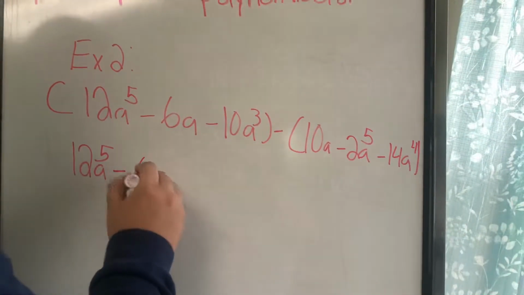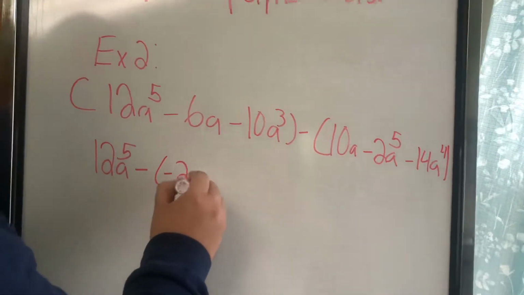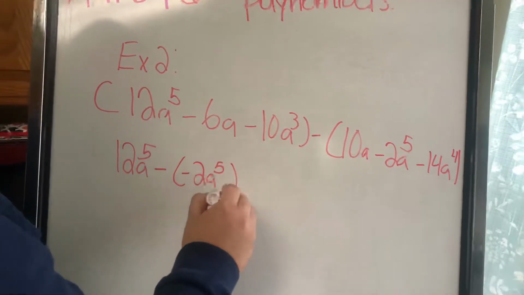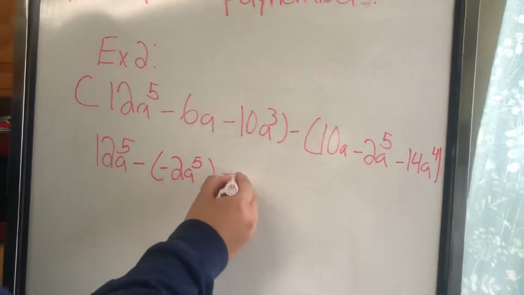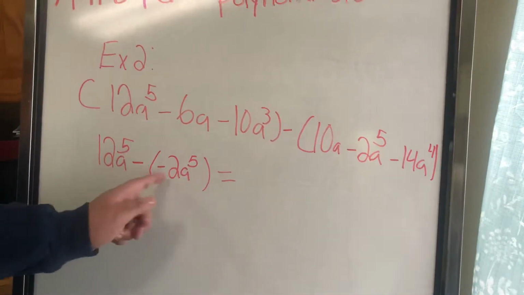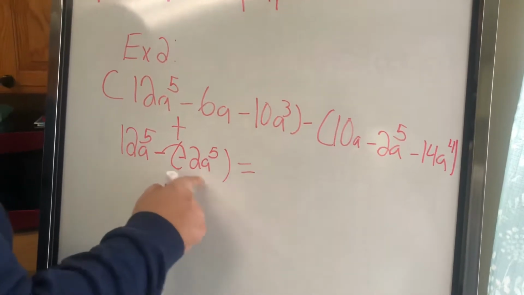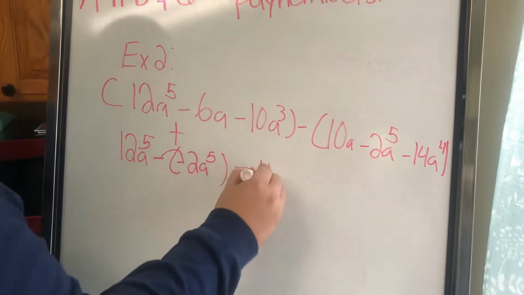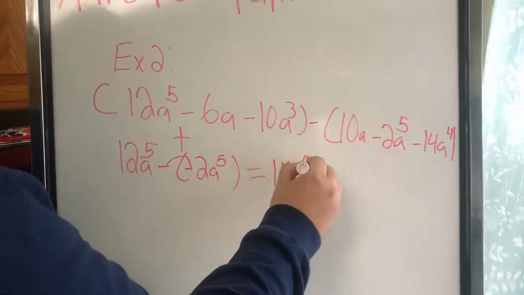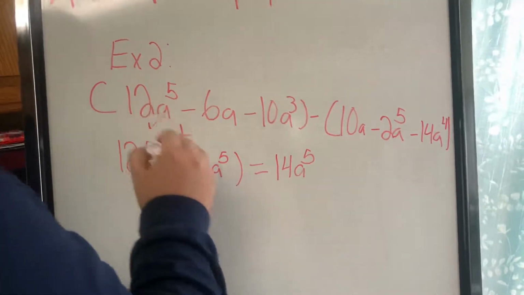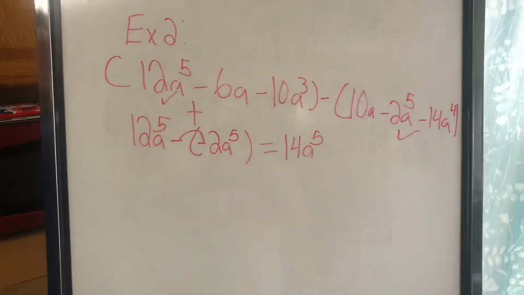So, parentheses, negative 2a to the power of 5, closed. And this is where your skills come in. Two negatives give you a positive. So 12 plus 2, that's 14. So 14a to the power of 5. This is complete. So this is the new rule.